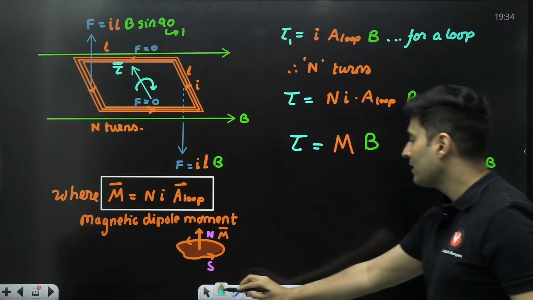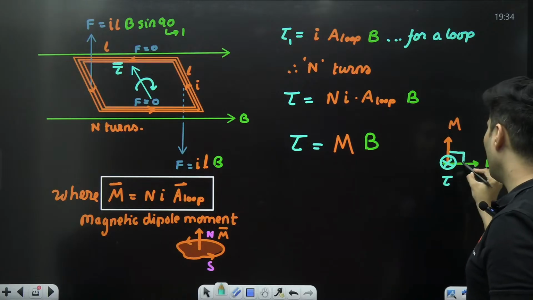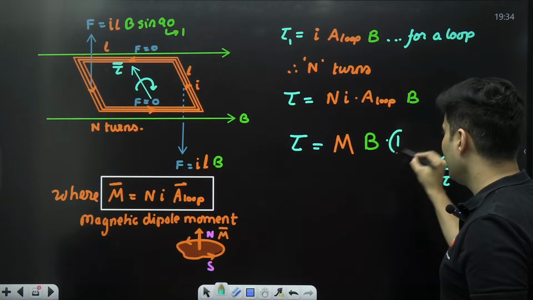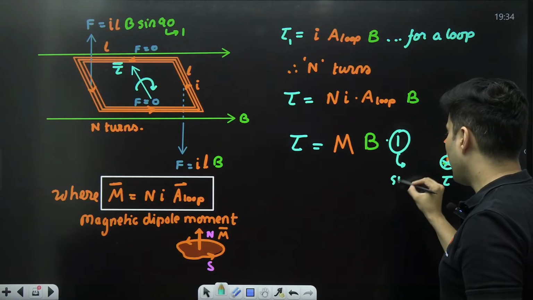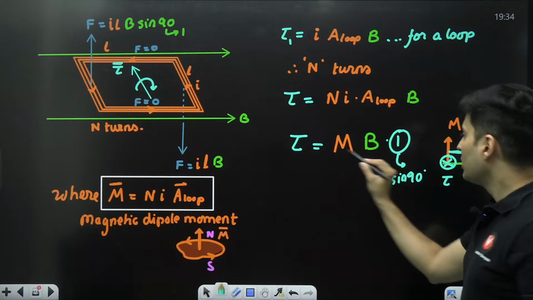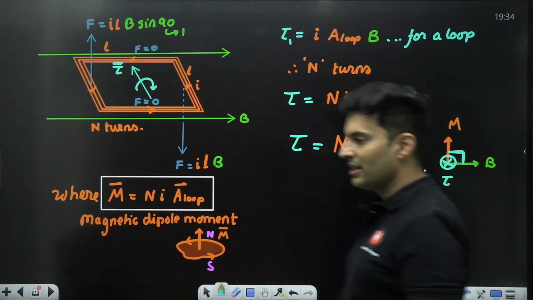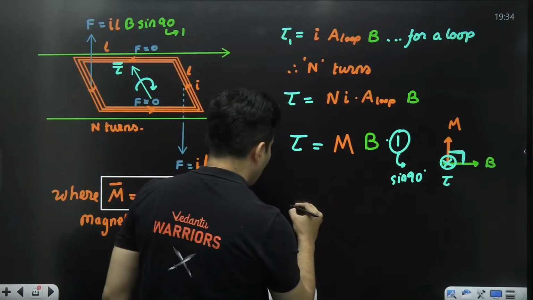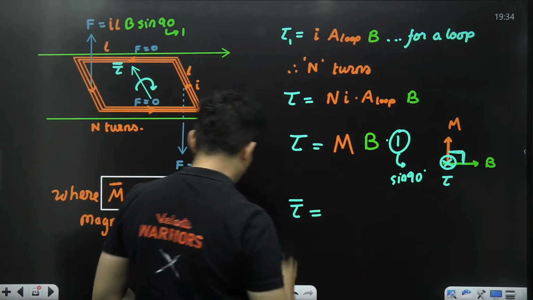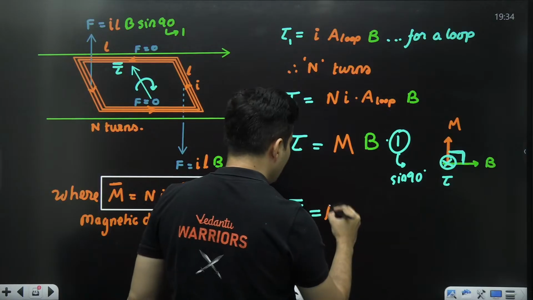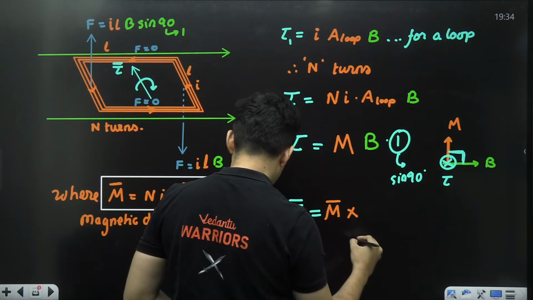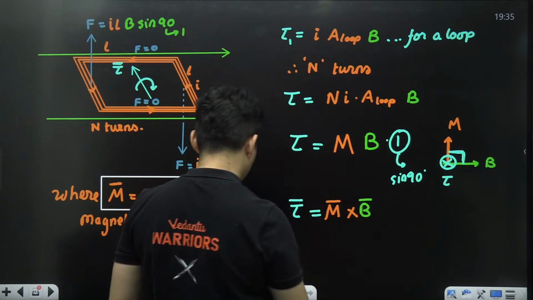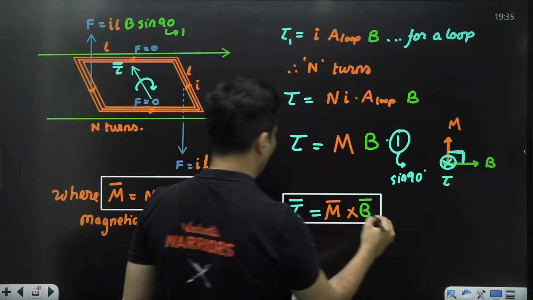So clearly the angle between magnetic moment and magnetic field was 90. So whatever was multiplied here was 1. This 1 means actually it is sine of 90. So MB sine 90 was there, and whenever sine comes, it should be a cross product. Hence our torque in the vector form should be technically magnetic moment cross our magnetic field. This is very, very important.